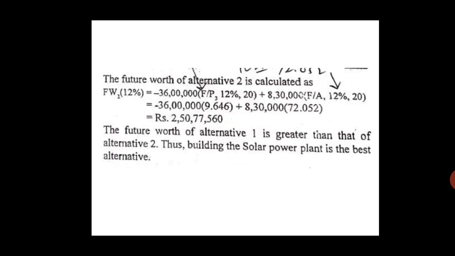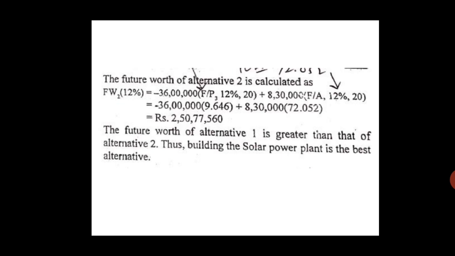So again, the future worth of the alternative is calculated as minus 36 lakhs, because there is an initial investment, times F by P at the rate of 12% for 20 years, plus 8,30,000 rupees that I am getting every year, times F by A, because every year it is F by A. The one-time investment is P. So I want to find the future value of the annual amount 8,30,000 rupees at 12% interest for 20 years.